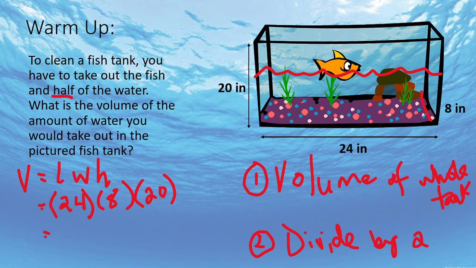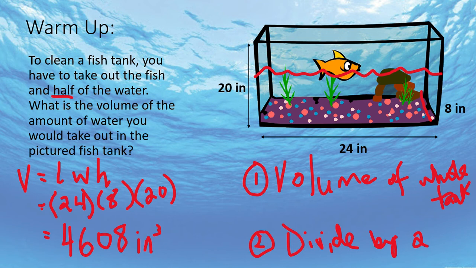It doesn't matter what order. 24 times 8 times 20. Big number. 4,608 inches cubed with a little 3. Remember, for 3D shapes, we put that for volume.